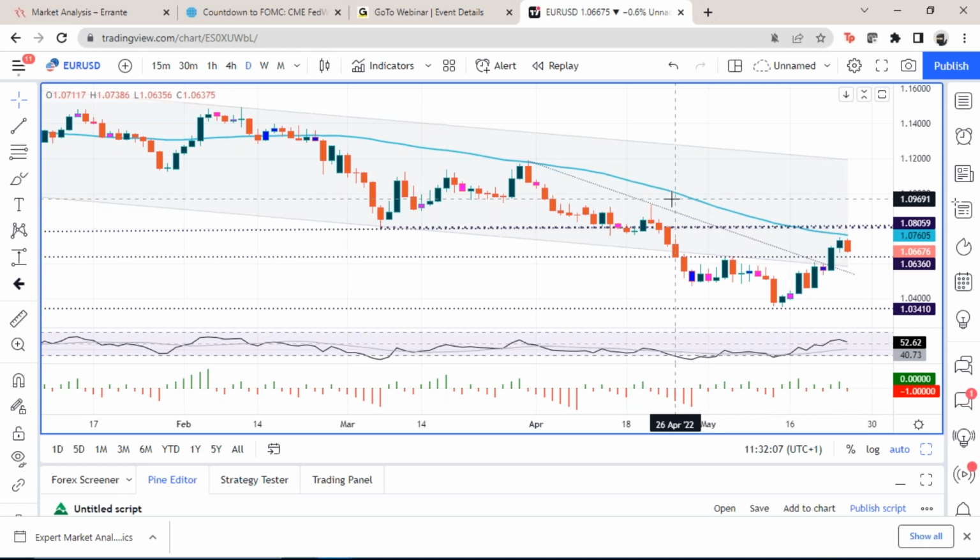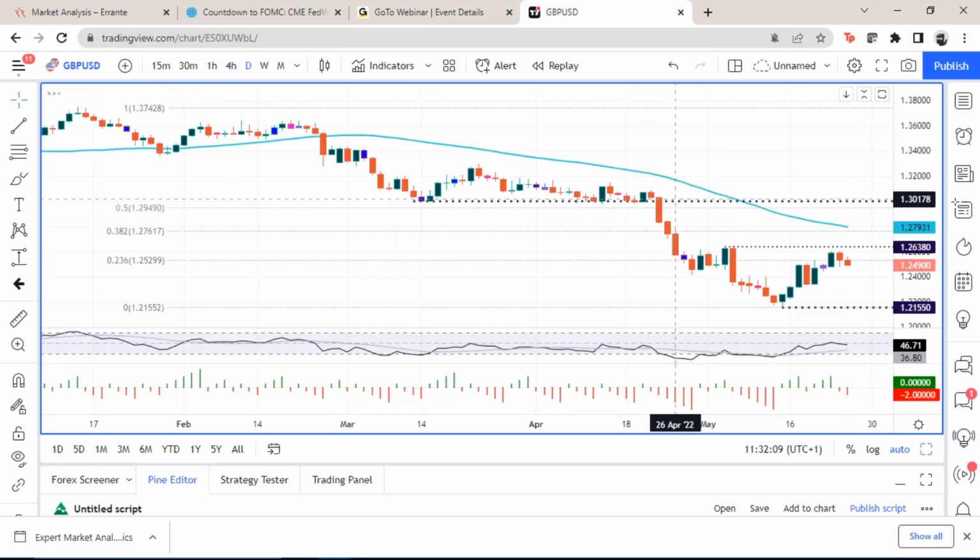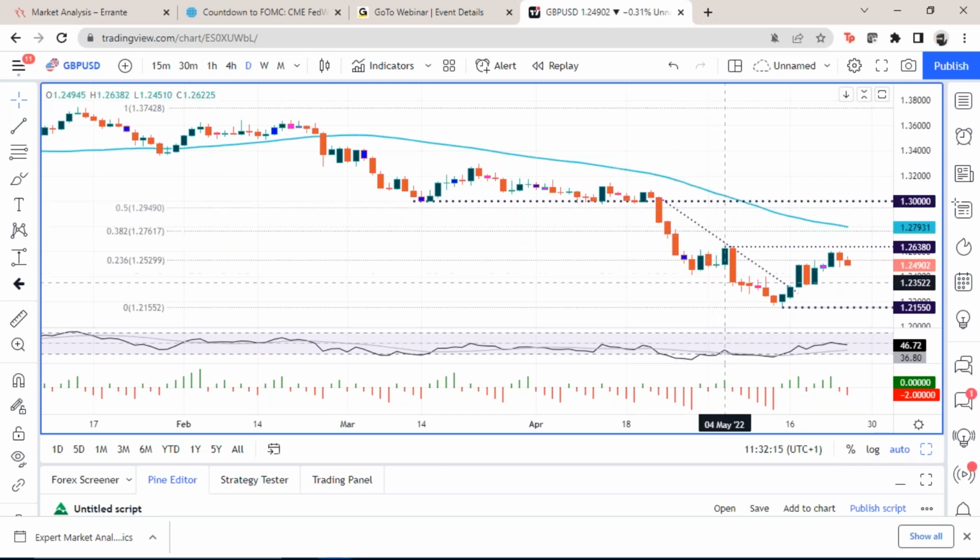Moving on to cable. So sterling versus the dollar, again, a lot has been happening. Again, an oversold currency. Sterling had been hammered seven consecutive days. I think if you remember at the end of April, and then again another sell-off.